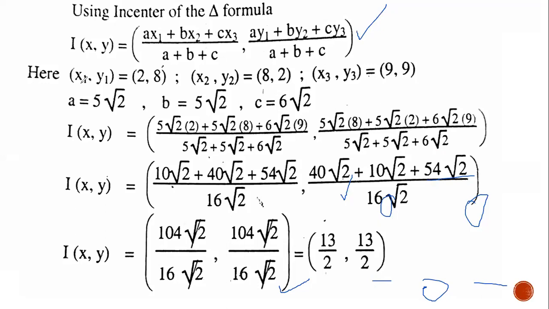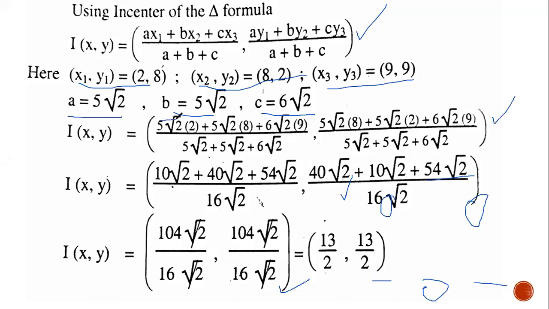Now from A, we have managed the data here, x1 y1, x2 y2 and x3 y3. The value of a, which we have computed on the previous slide, is 5√2. b is 5√2. c is 6√2. Substitute all these 9 values in the formula, you will get this system.